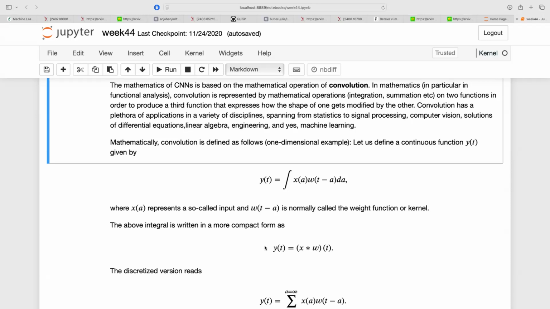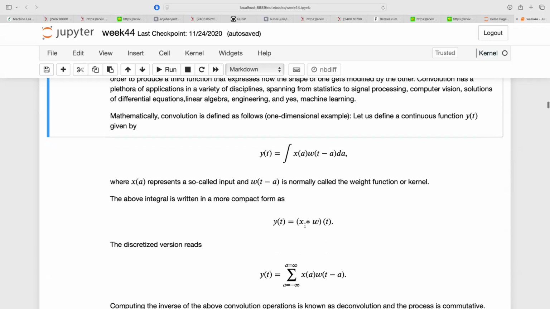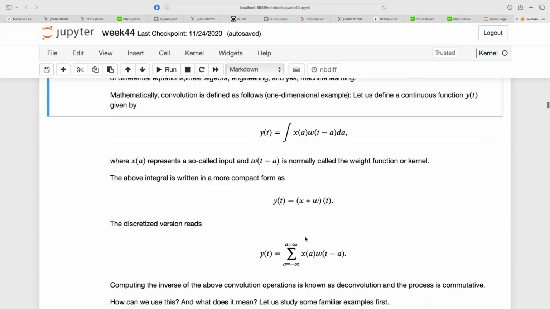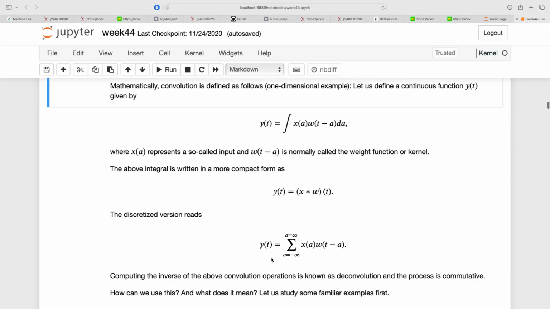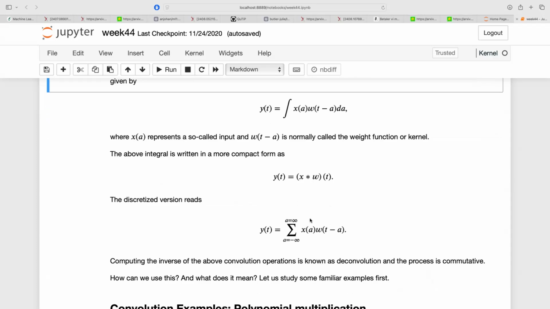And mathematically, we often write it like this: x times w as a function of t. And if we're having this as a discretized version, which is the most common case which we encounter, this is now simply replaced by a going from minus infinity to plus infinity. And then x, our input variable, is multiplied with some filters, some weights, and we have a final output.